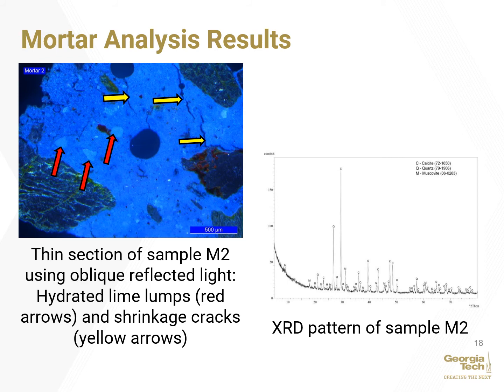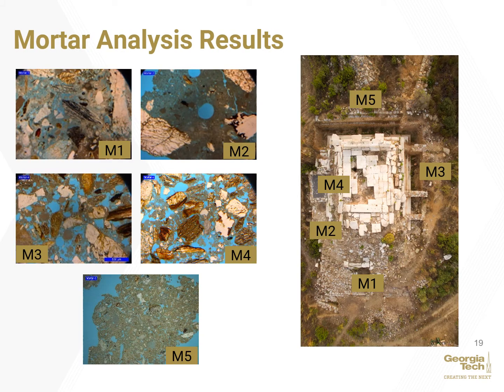Remember that this is the mortar around the wine press, so sample 2. So presence of more binder and less sand is likely related with the intention to have a more durable, more fine mortar, almost like a plaster.